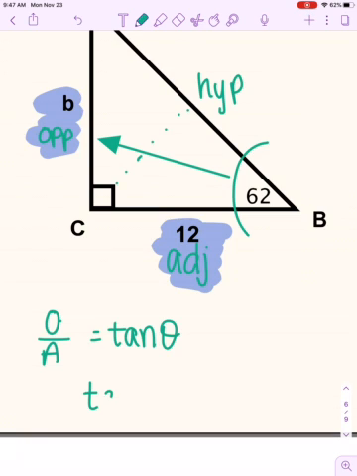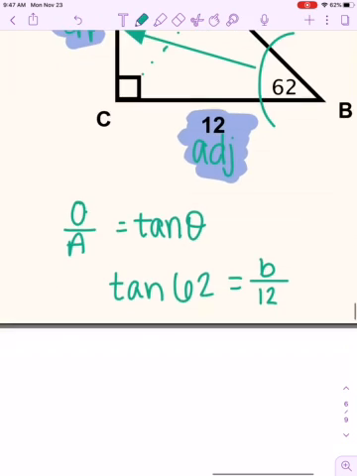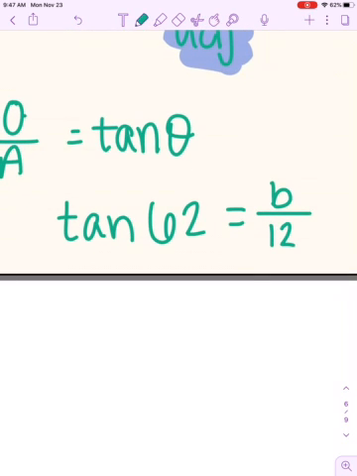So the tangent of your angle. We know the angle, so the tangent of 62 equals opposite over adjacent. Opposite is B, we don't know B, over adjacent, which is 12. Then we need to solve for whatever we don't know, which is side B. B is being divided by 12, so I'm going to multiply both sides by 12.